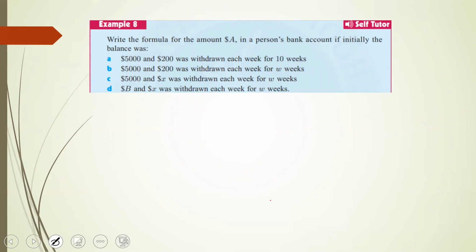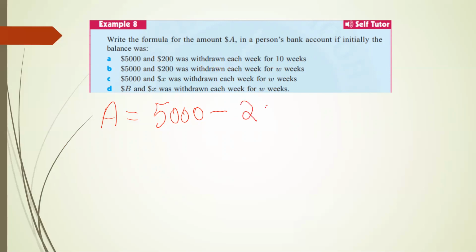In this example, write the formula for the total amount in a person's bank account if initially the balance was 5,000. But what is the difference between that one and the previous example? 200 was withdrawn each week for 10 weeks. So withdrawing must be expressed as minus.